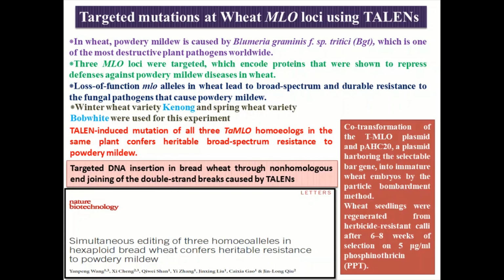Two wheat varieties, Kenong and Bobwhite, were selected for this experiment. TALEN-induced loss-of-function MLO alleles generate broad-spectrum and durable resistance to the Bgt fungus.